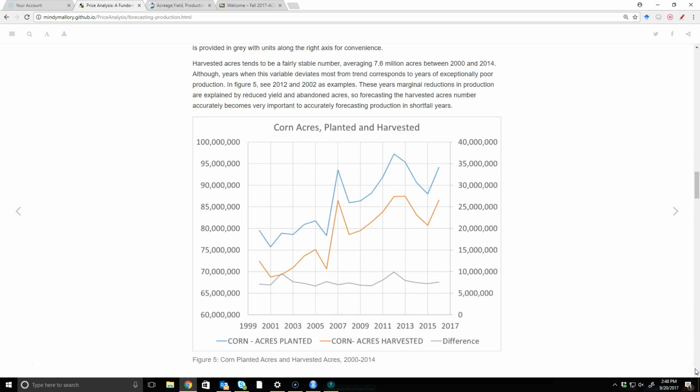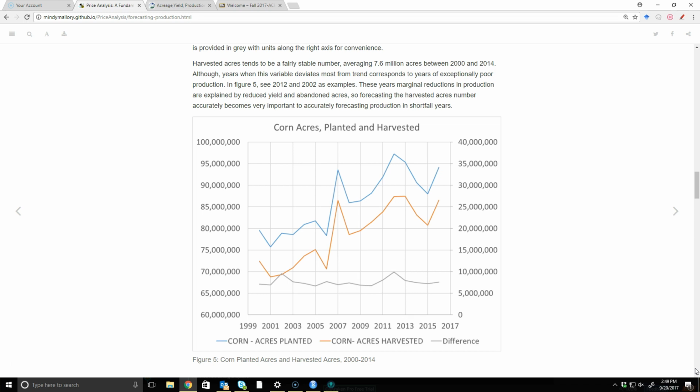So in Figure 5, I've got historical corn planted acres and historical harvested acres from 2000 to 2014. I've also graphed the difference between these two lines, and that is represented on the right-hand axis, whereas the planted acres and harvested acres are represented on the left y-axis.